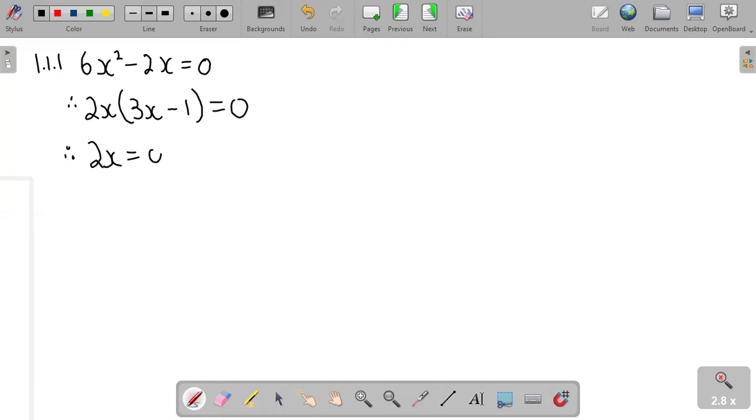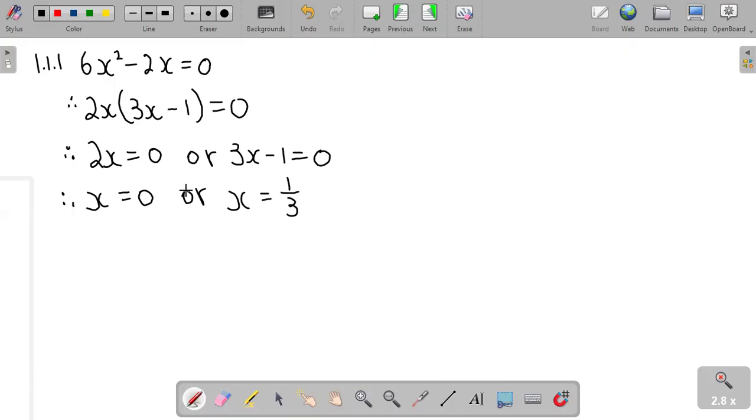So then we have 2x equals 0, or 3x minus 1 equals 0. So it means therefore x equals 0 or x equals 1 over 3.